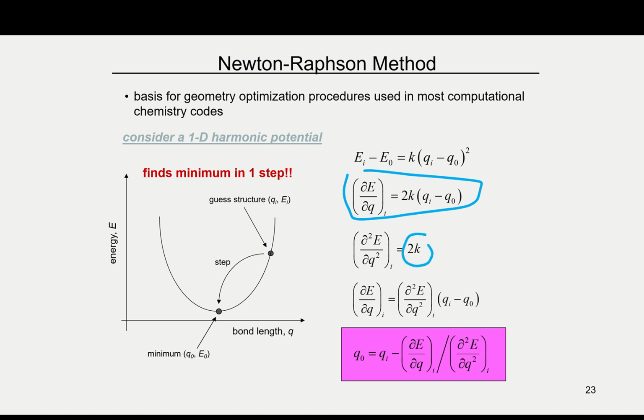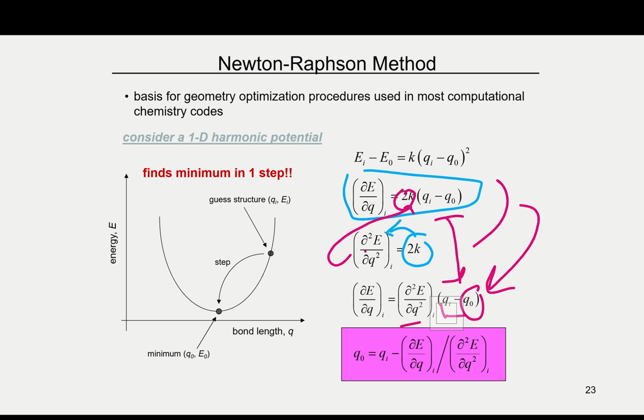The 2K has this value, so you just remove the 2K and add this value. These two equations give this equation: the first derivative is equal to the second derivative, delta squared E divided by delta Q squared, times (Qi minus Q naught). So we have a final equation.